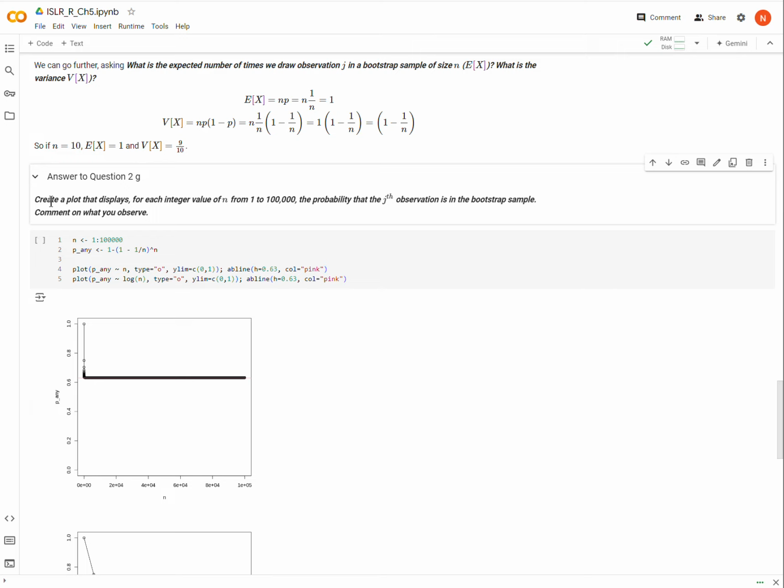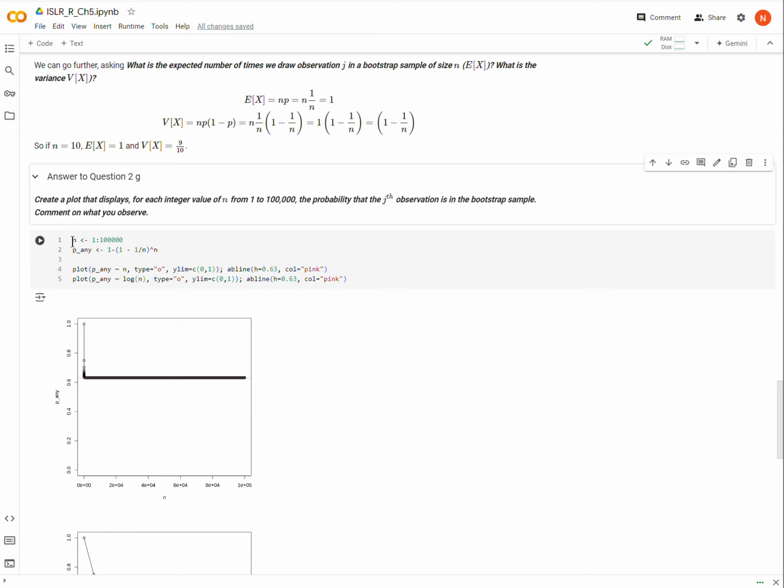Okay, part G. So we're going to create a plot that displays, for each integer value of n from 1 to 100,000, the probability that the jth observation is in the bootstrap sample. Comment on what you observe.